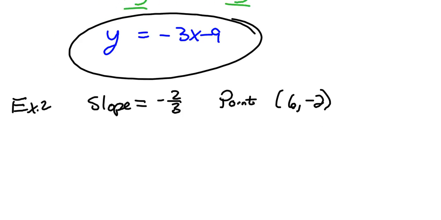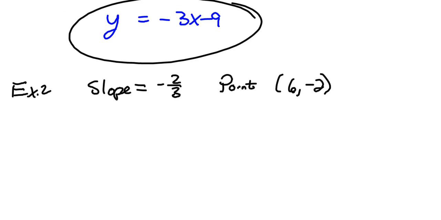Let's do one more with the slope here. So slope is negative 2/3 and passing through the point at 6, negative 2. So that's your m value at negative 2/3. And again, that is your point at x1, y1.